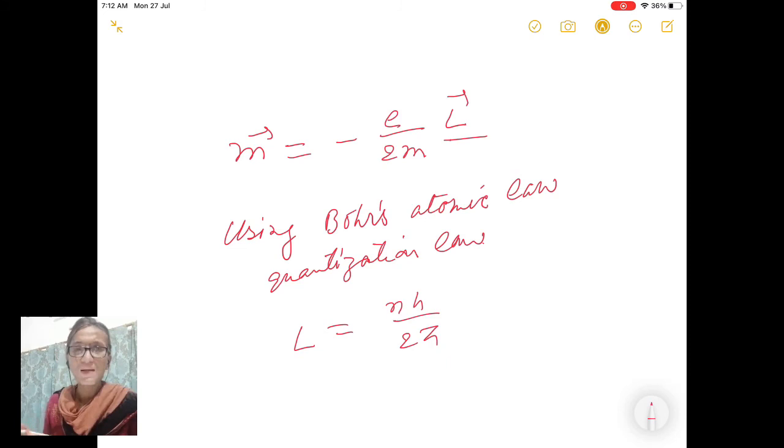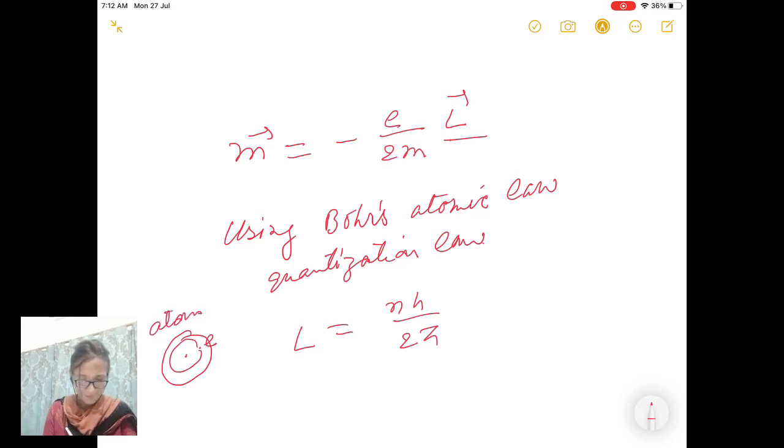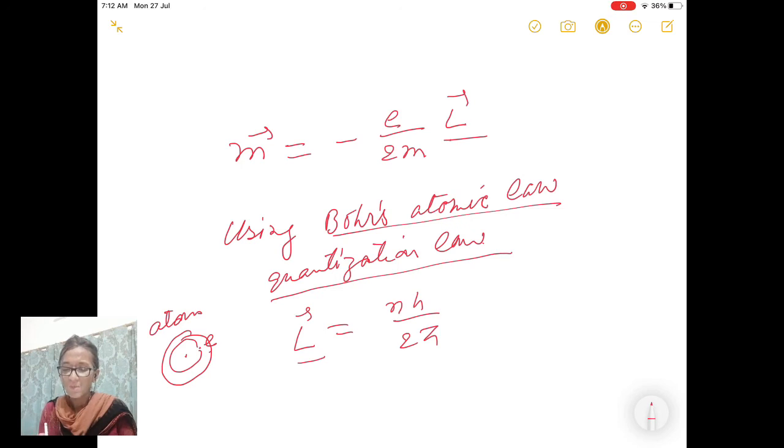The angular momentum of an electron in an atom is quantized as per Bohr's model. Its angular momentum is conserved as per Bohr's quantization law, because n is a constant, h is Planck's constant, pi also is a constant.